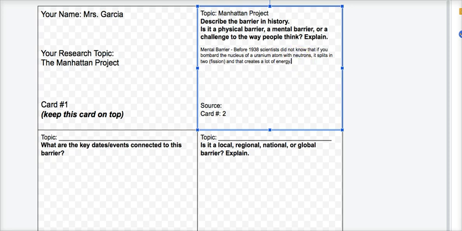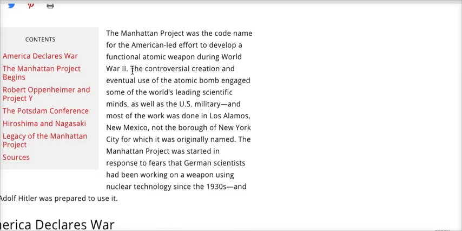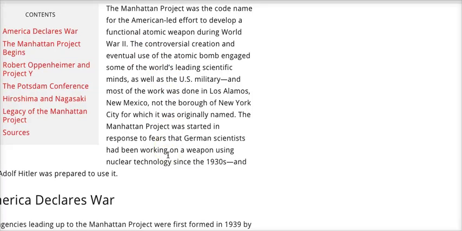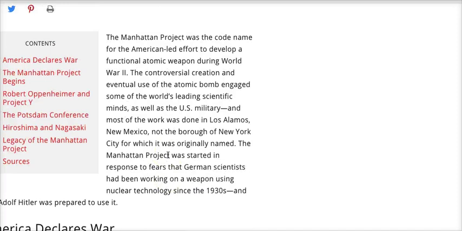The other barrier, if I'm looking at the Manhattan Project information, was that the United States didn't yet have a functional atomic weapon. And so the creation of the Manhattan Project specifically was to get some scientists together and also military personnel and create that atomic weapon because they were afraid that the German scientists had already done this because they had been studying it since the 1930s. So I'm going to add a second piece of information here.